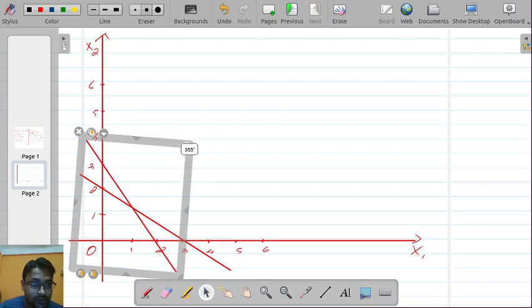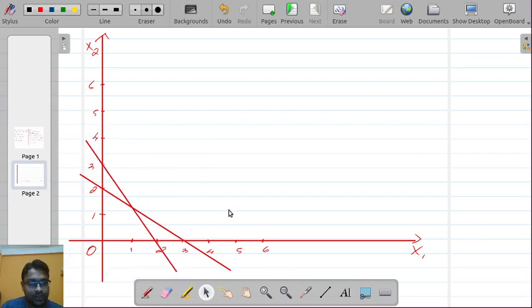It's difficult to rotate this. Okay, so today I am successful in rotating. So almost it's x1 by 3, x2 by 2 is greater than or equal to 1, and the other one was x1 less than or equal to 4. So x1 equal to 4, we will draw it and then we will mark. Okay, so these are the lines.